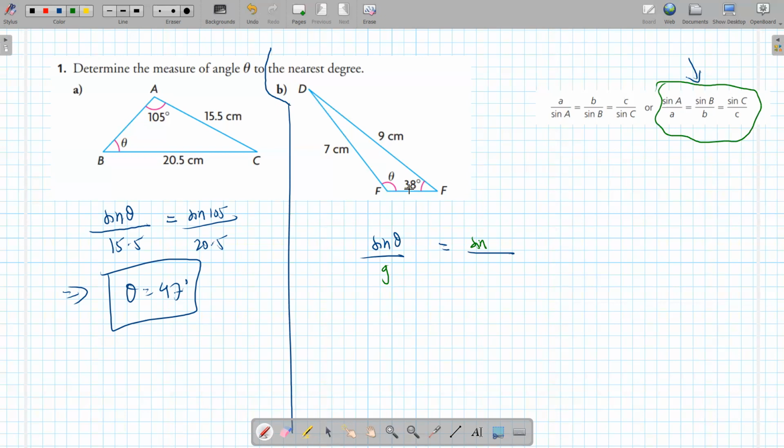So the only other angle we have is 38, so it's going to be sine 38 divided by what? 7, that's it. And then you multiply both sides by 9 and then do sine inverse and you'll get the answer. So it'll be sine 38 times 9 divided by 7. Sine inverse of that is 52 degrees. And you are done. Cool?